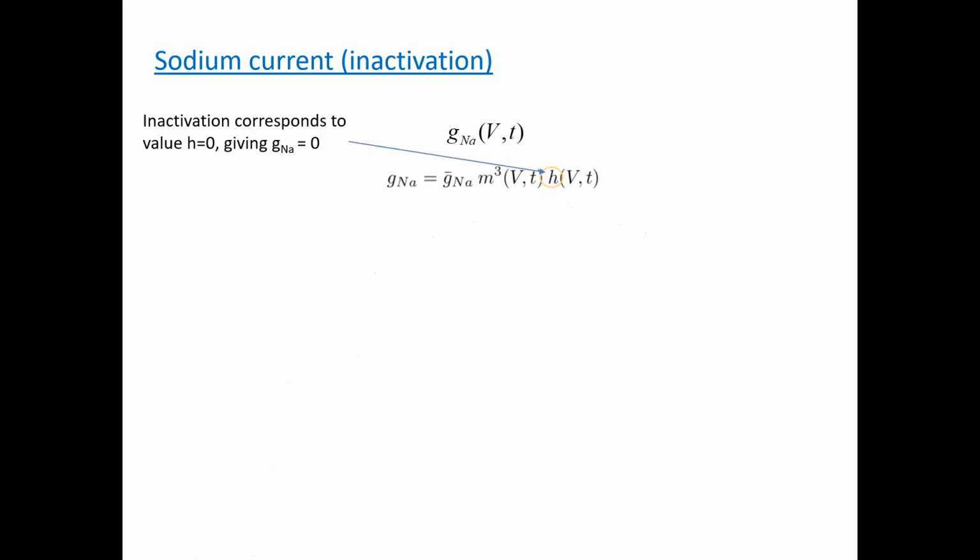Finally, we get to the inactivation sodium current, where we have the H variable. Notice that inactivation means no current will flow. So that would correspond to the value H equals 0. The inactivation gate being inactivated would correspond to an H value of 0, giving a conductance and therefore a current of 0.